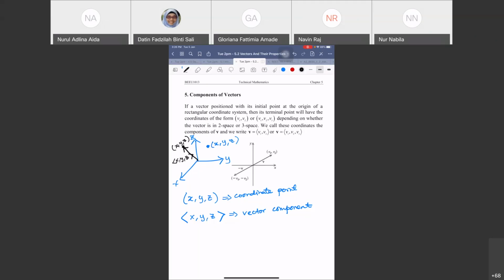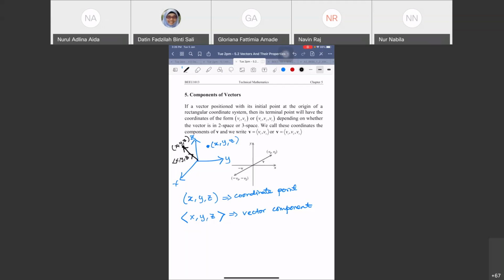Because later on I will explain, if you want to form a vector, you must have two points, the initial point and terminal point. If you have two points, then only you can form a vector, a direction vector.